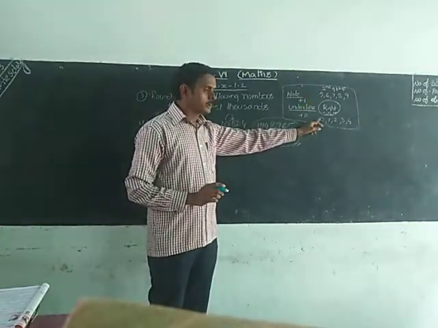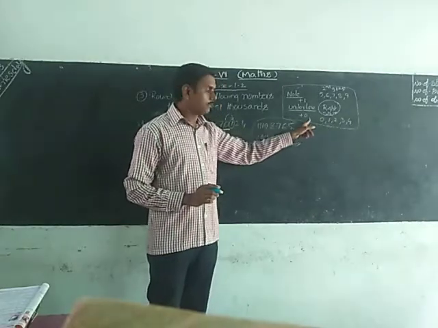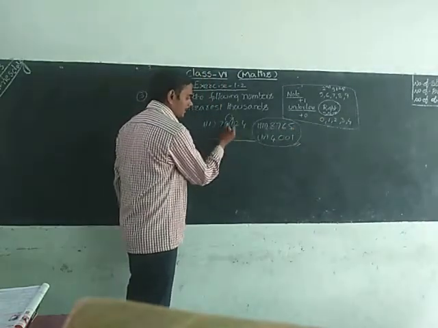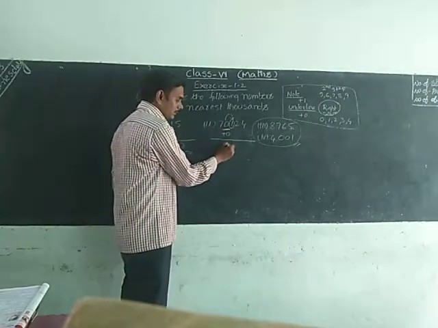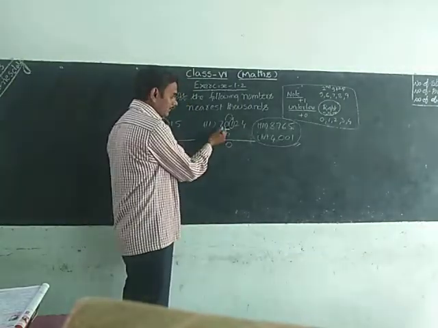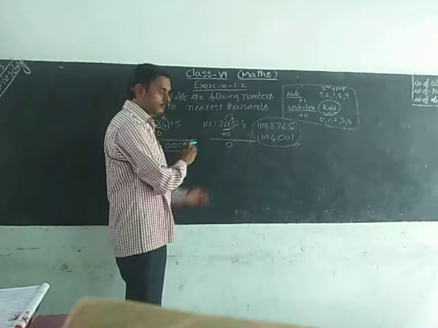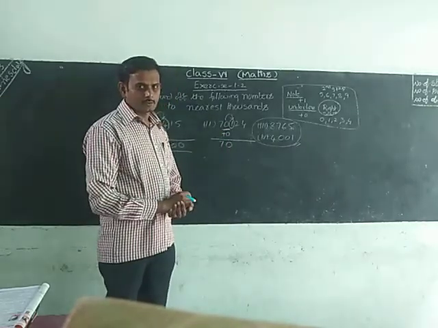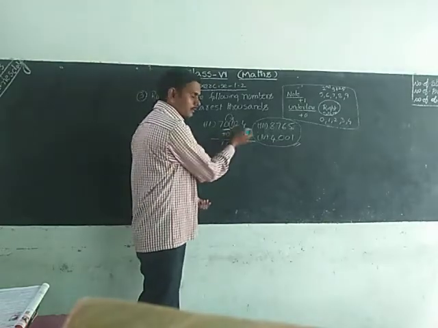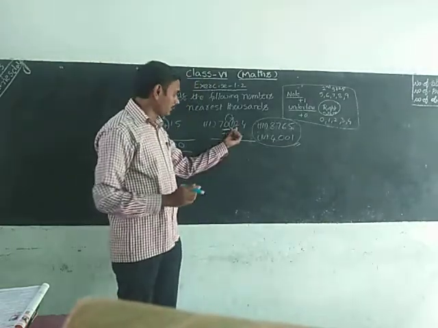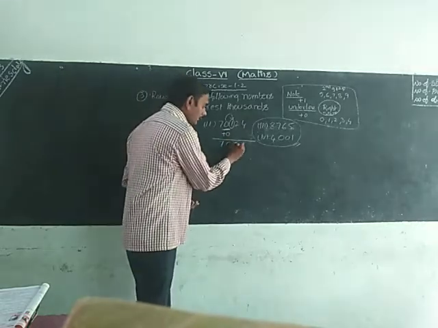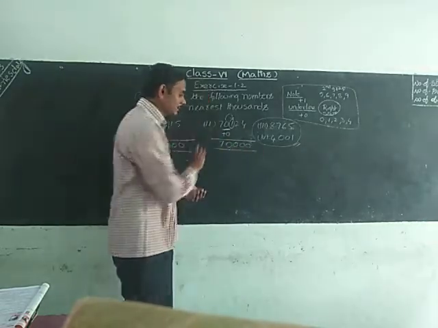First group. 1 means add 0 to the underlined number. 0 plus 0 is 0 only. Then on the left side, how many digits are there? One digit, so write 7. On the right side, how many digits are there? 1, 2, 3. That means 3 digits will be 0. This is the answer.